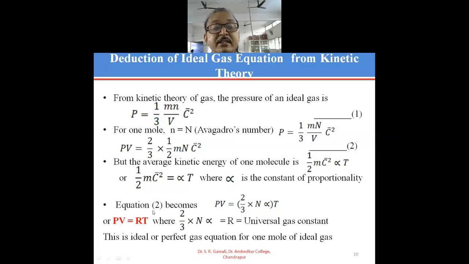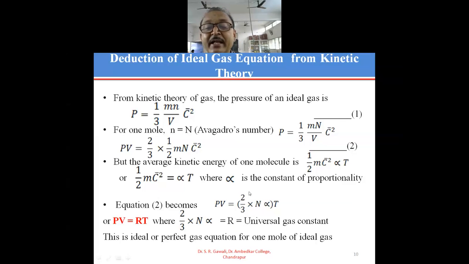From this, equation number 2 becomes PV is equal to 2 by 3 n into alpha into T. And here, instead of this bracket term, 2 by 3 into n into alpha, we can write another constant as R. So, 2 by 3 into n into alpha is equal to R, and this constant R is known as the universal gas constant.